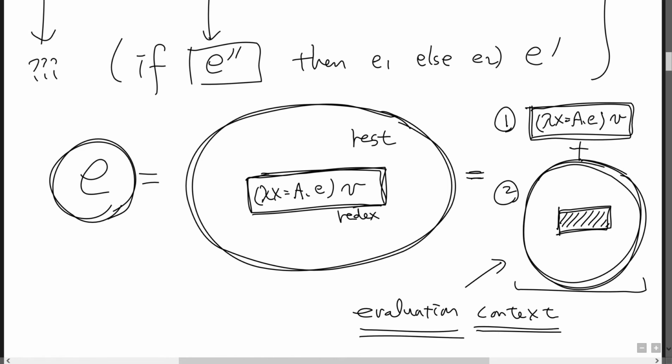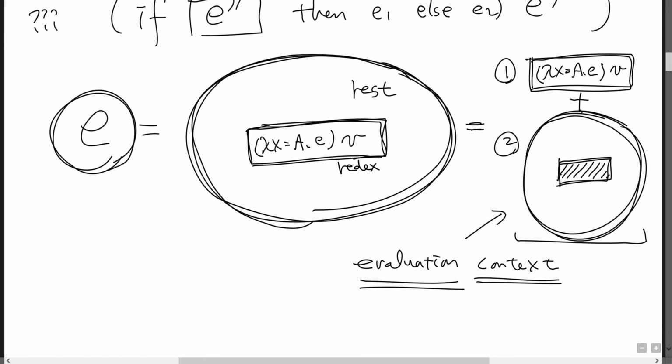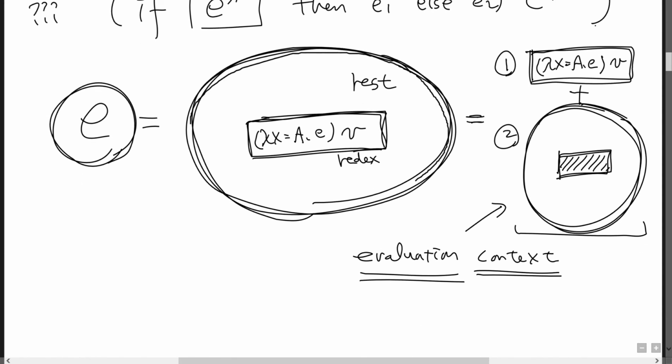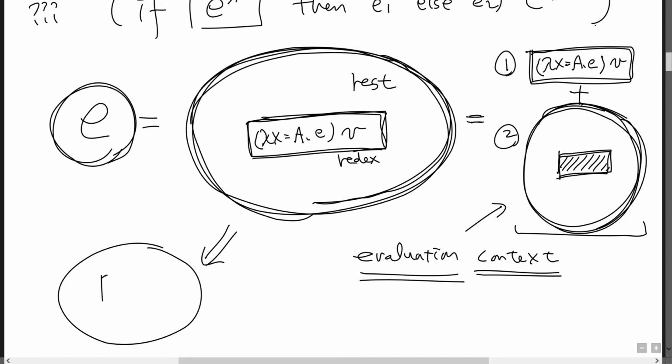So if we think about the reduction of the whole expression, what happens is we are going to make a copy of the whole expression, the second component. So we made a copy of the second component. So we have a hole in it. And we are not going to touch this second component. We just have a hole in it.